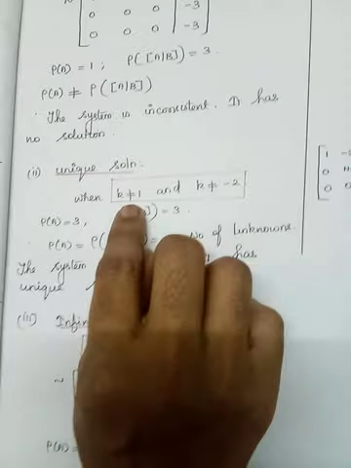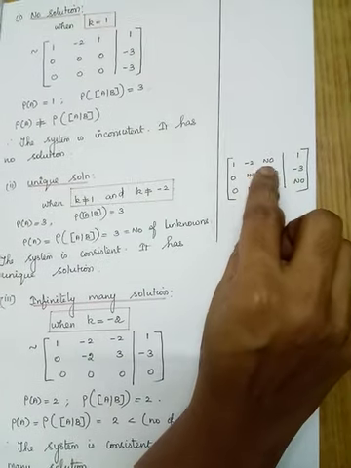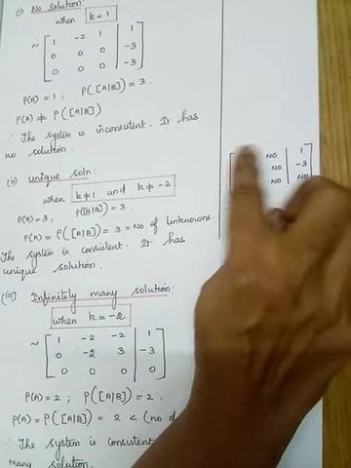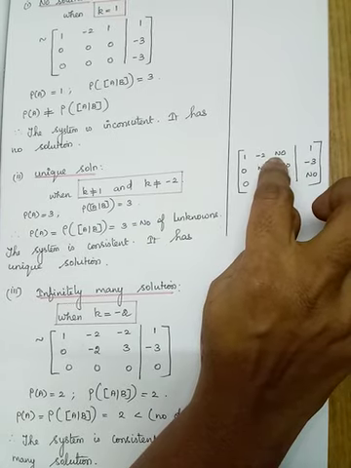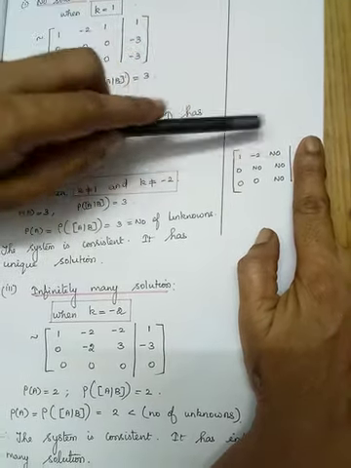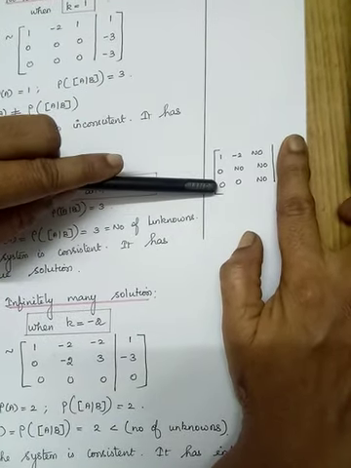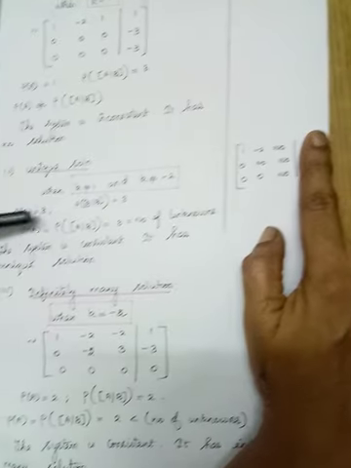So when k is not equal to 1 and k is not equal to minus 2, roughly I have written, you will have a number, some number will be there. By hiding the fourth column, what is rank of A? This is also a non-zero row, this is also a non-zero row, this is also non-zero. So rank of A is equal to 3.